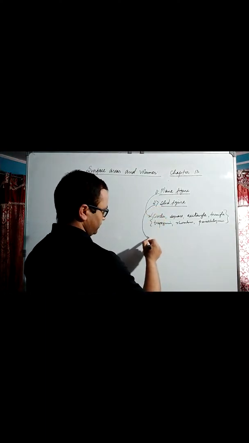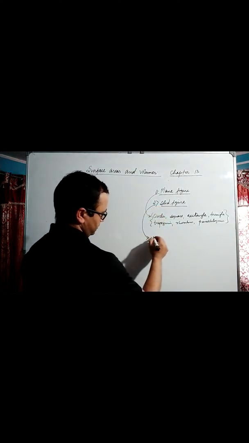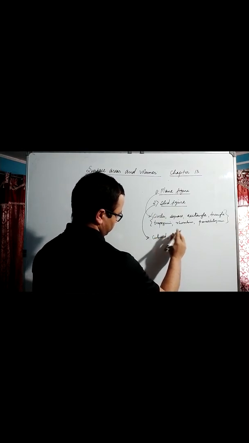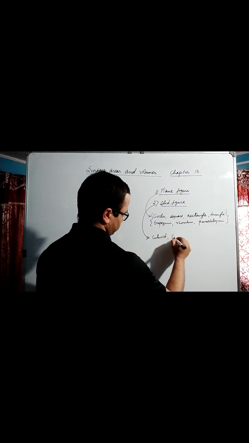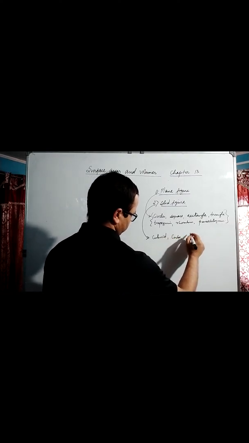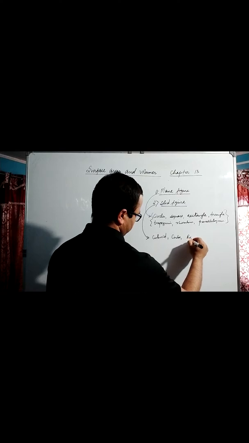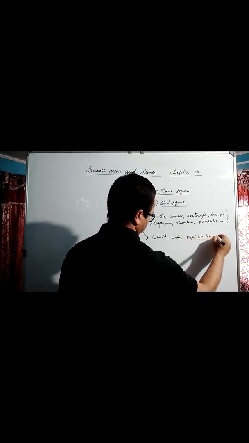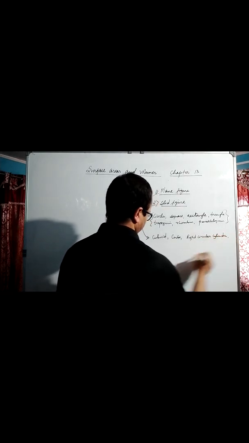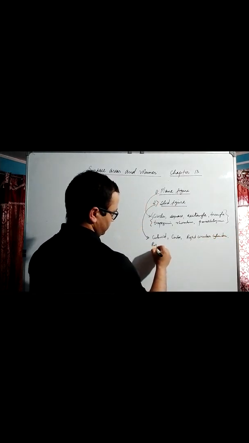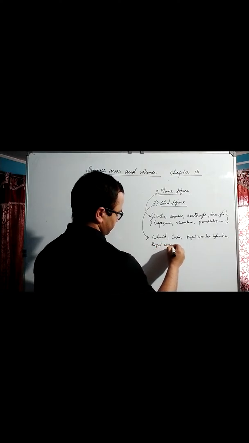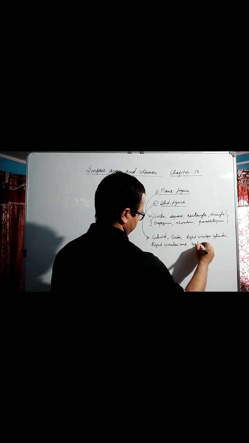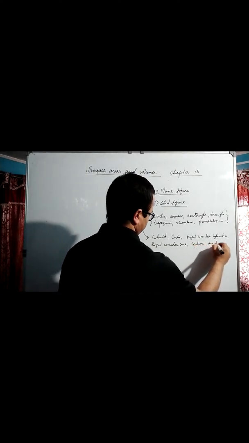Now, what are solid figures? In solid figures, we have cuboid, cube, right circular cylinder, right circular cone, sphere, and hemisphere.